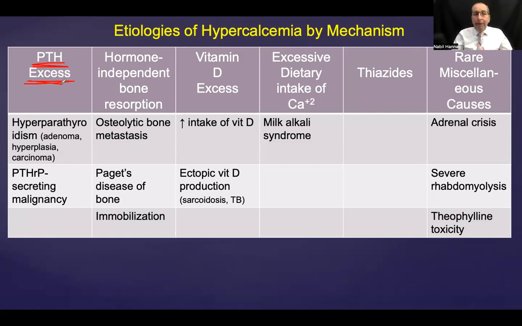So hyperparathyroidism is the major cause of hypercalcemia, whether it is caused by adenoma of the parathyroid glands, hyperplasia of the parathyroid glands, or even carcinoma of the parathyroid. Not all cancer cells are functioning, but carcinoma of the parathyroid is a functioning tumor, so you get excess parathyroid hormone.